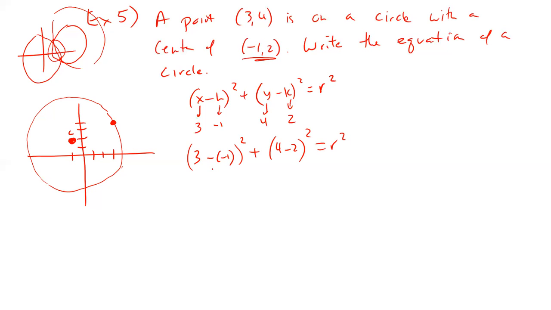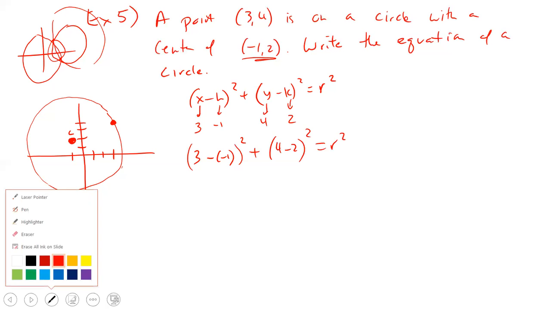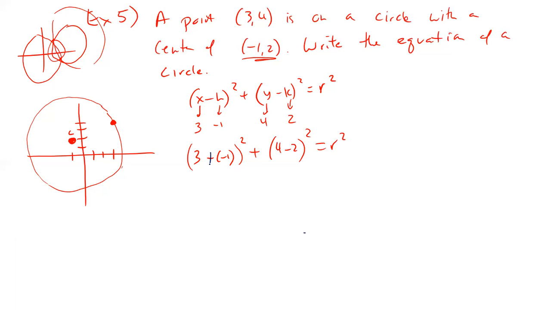So let's see, this becomes plus, plus. This becomes plus, plus right here. And I get myself a 4 here. I get myself a 2 here. I get myself a 16 plus 4.